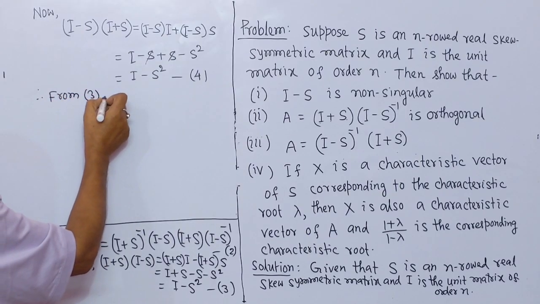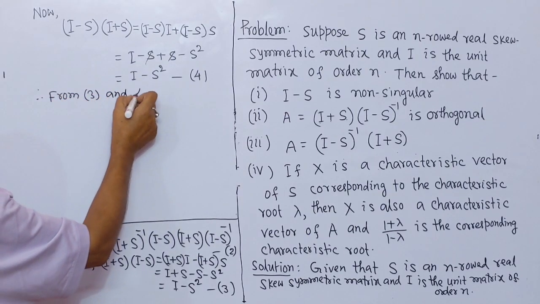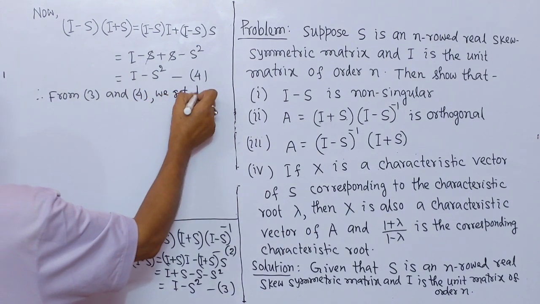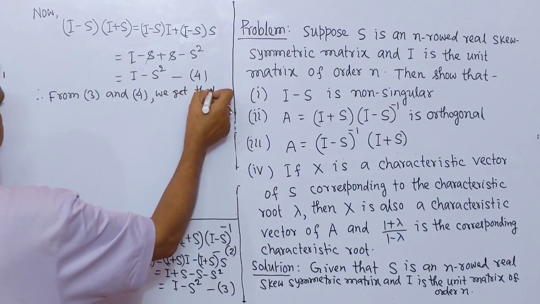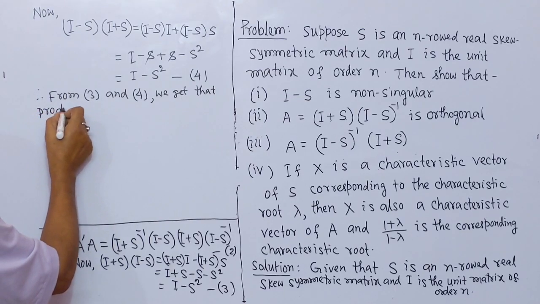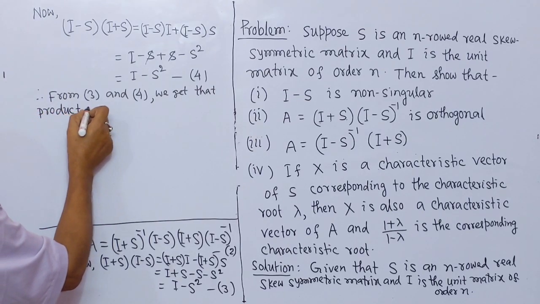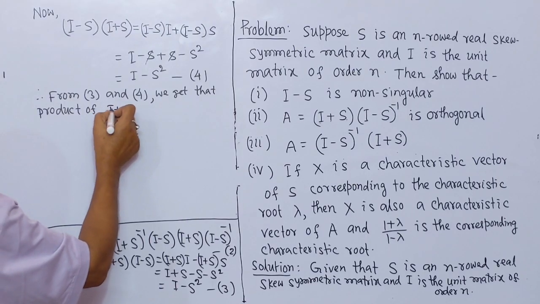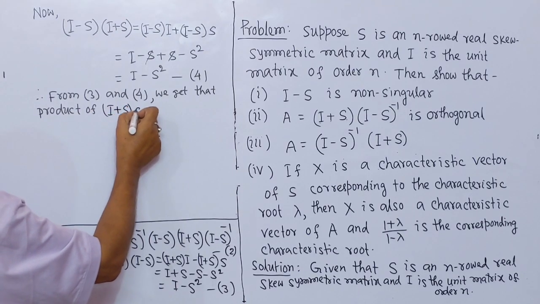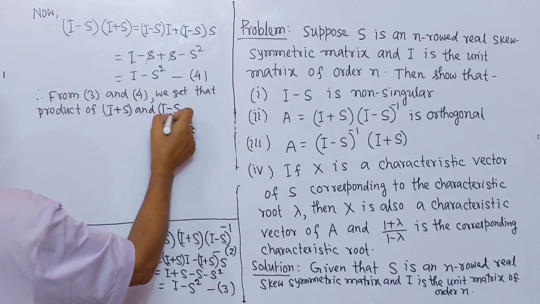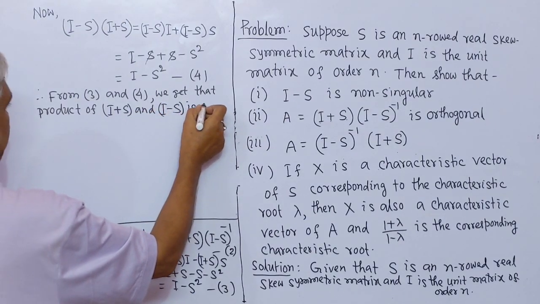Therefore, from 3 and 4, we get that product of I plus S and I minus S is commutative.